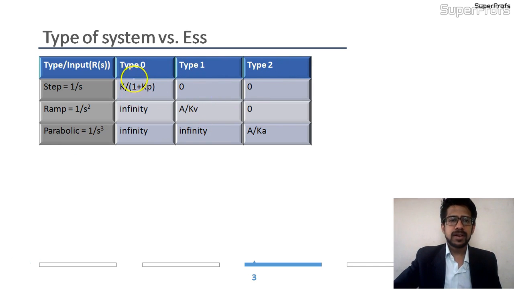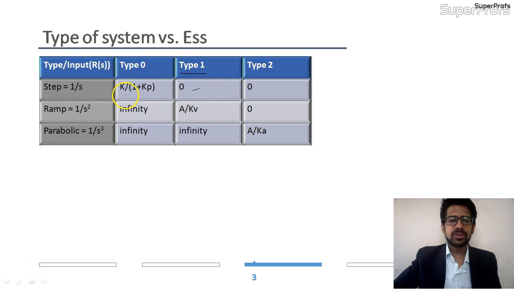So for type 0 and for the step input 1 by s, you get steady state error in the form of k upon 1 plus kp. As in the previous example, we also saw for a type 1 system and the step input, you get steady state error equal to 0.